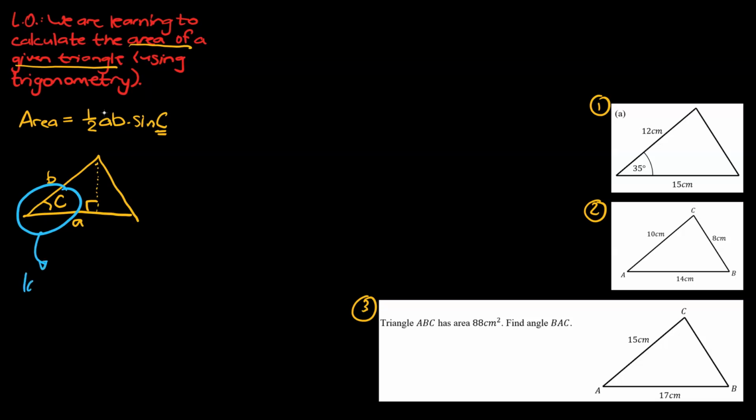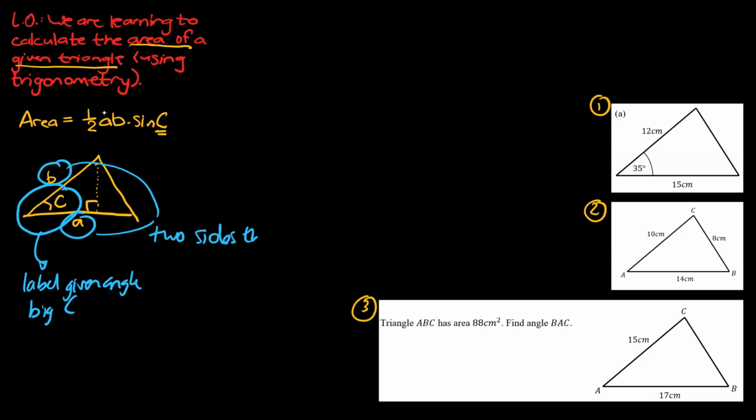We have to label that given angle big C. The 2 sides that join together to make that angle will be A and B. So that's just one note about how we can label our triangle to help us solve certain questions. So let's get into a couple of examples.